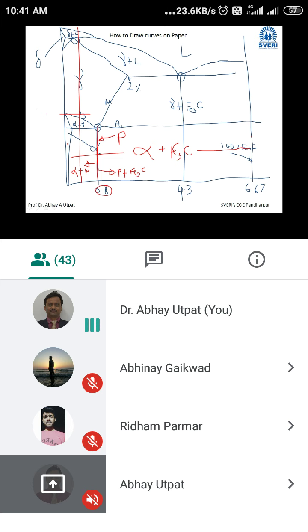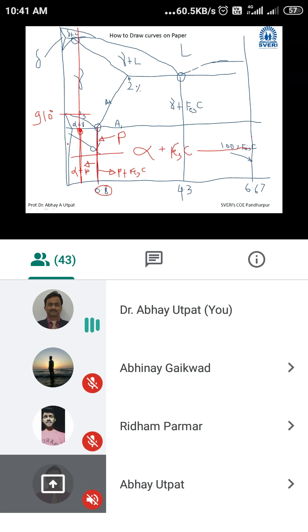This is 910 degrees Celsius. There is no alpha above this A3 line. Start cooling, so your microstructure has alpha plus pearlite. You are moving along this line. As soon as you cross this line, see here I made a round, the pearlite converts into austenite.